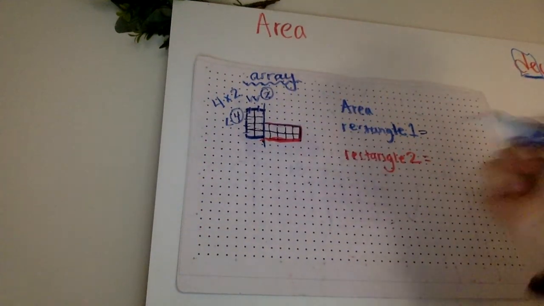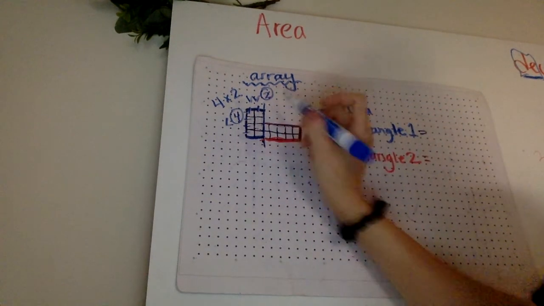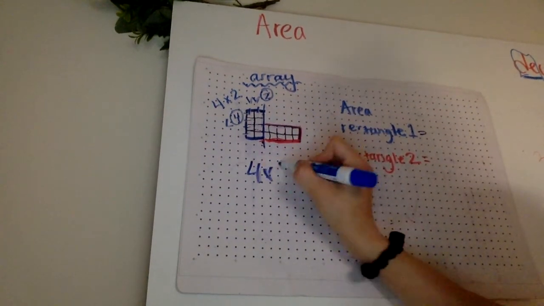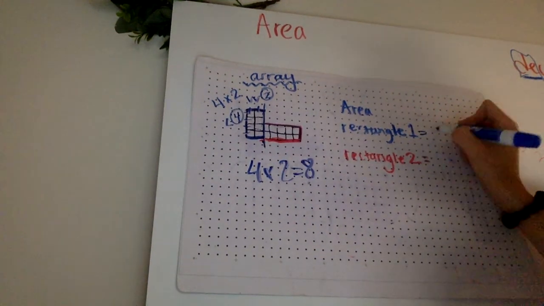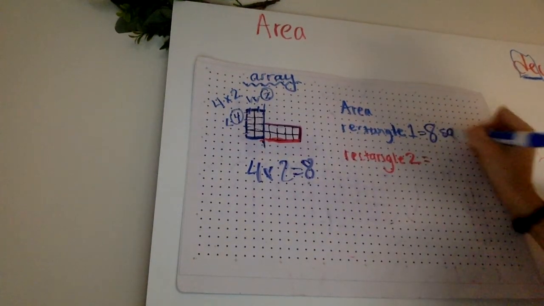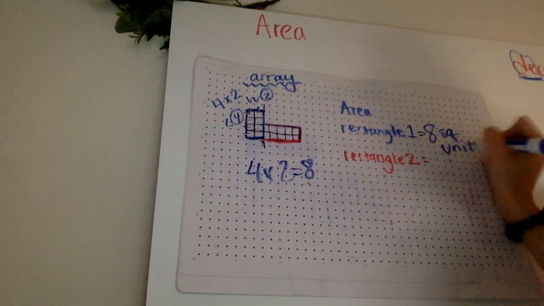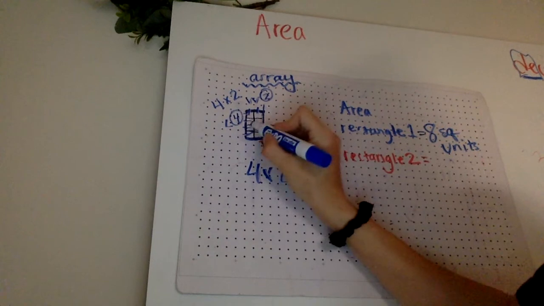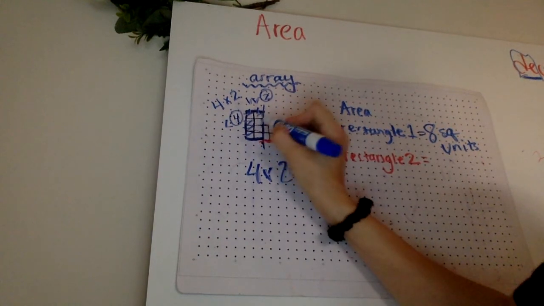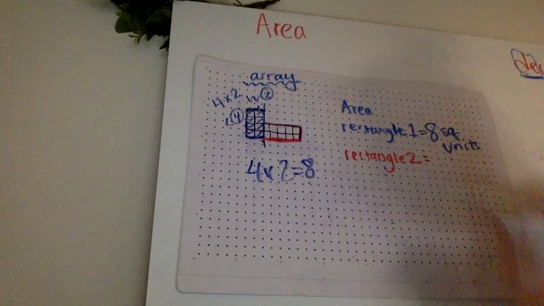It looks like an array. 4 times 2 equals 8. So the area of the blue shape is 8 square units. Let's double check our work by counting the squares inside. 1, 2, 3, 4, 5, 6, 7, 8.